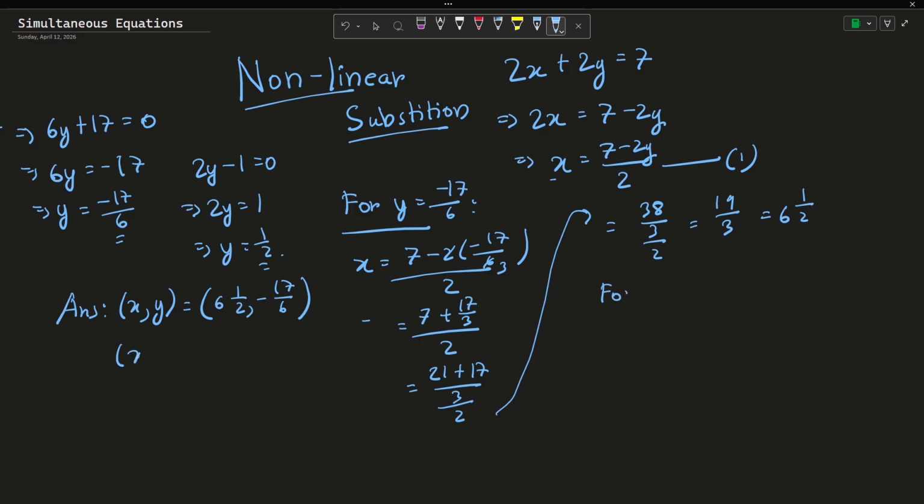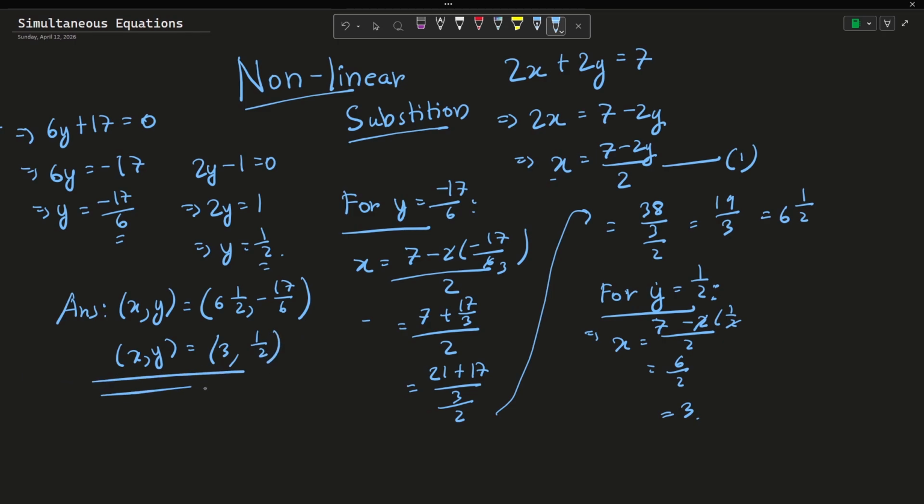Oh wait, for y is equal to half, my bad, we got x is equal to 7 minus 2 times half, by 2, so 1 cancels out, so 6 by 2, which is x is equal to 3. So the second set of values is x is 3, and then y is equal to 1 by 2. So this is our set of answers, and that's all.